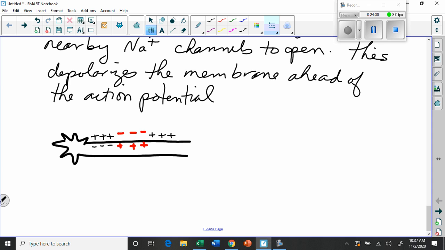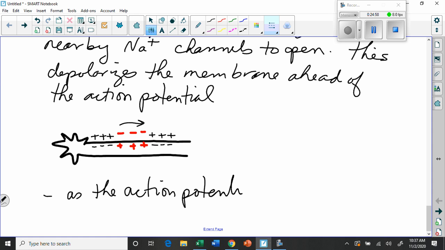But then something else is going to happen. As the action potential spreads itself this way along the neuron, the ones in behind are going to change as well. As they get further and further away, right? If the action potential here is moving further away, afterwards, so the next step is that as the action potential passes, the potassium gates can open up.